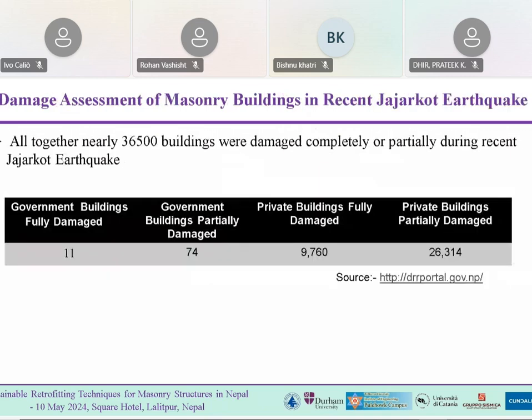Also talking about building damages, this is data from the DRR portal. About 36,500 buildings were damaged. Maximum 99% were stone masonries or brick masonries with mud mortar.